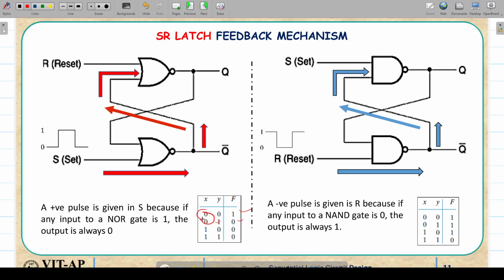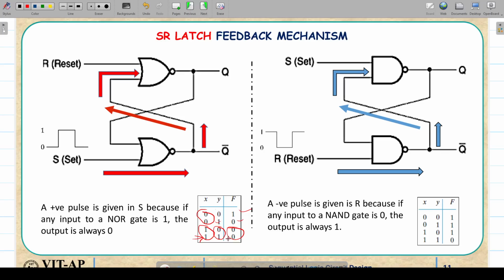So if one of the inputs to the NOR gate is fixed at a value of 0, then the output will depend on the value of the other input. Now if one of the inputs of the NOR gate is equal to 1, then irrespective of the other input, the output is always going to be 0.